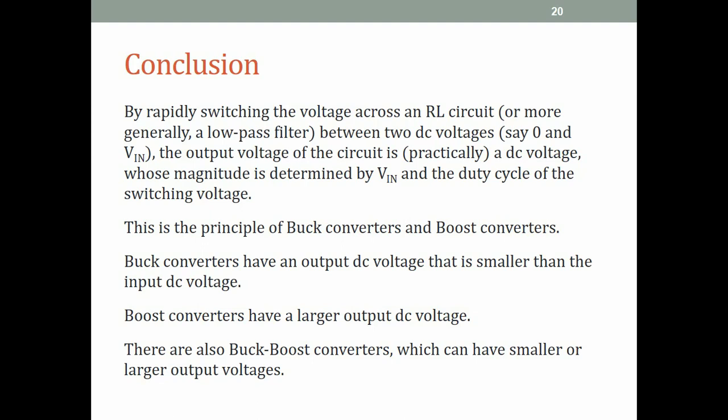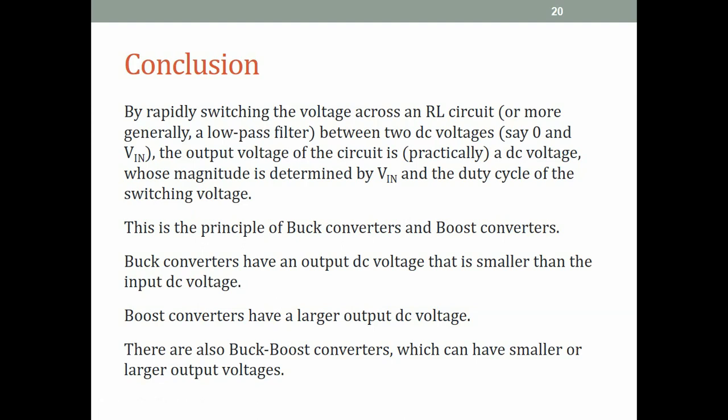Buck converters are DC to DC converters whose output voltage is smaller than the input voltage. Boost converters have an output voltage which is larger than the input voltage. Here we will not study boost converters, we will just focus on buck converters, but the circuitry and everything is very, very similar.